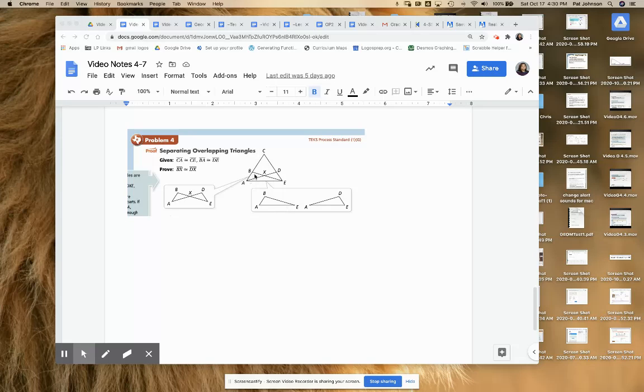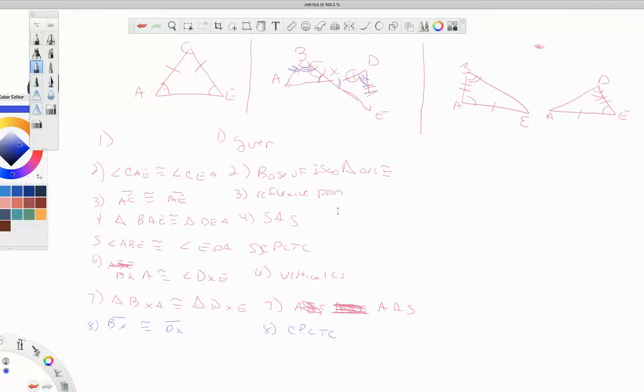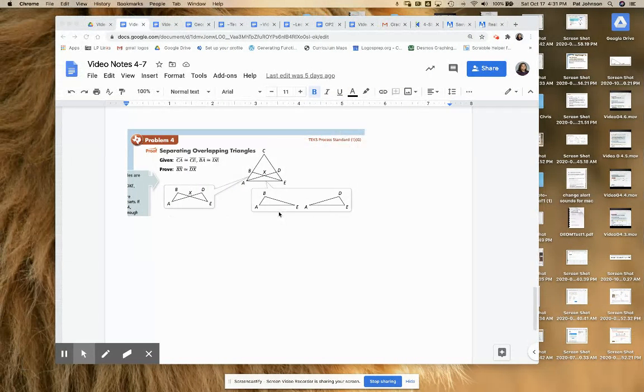But you see BAX plus XAE make the big A of the big triangle. Same thing over here with E. So I couldn't say that these A's and these E's are congruent because I didn't have enough information.